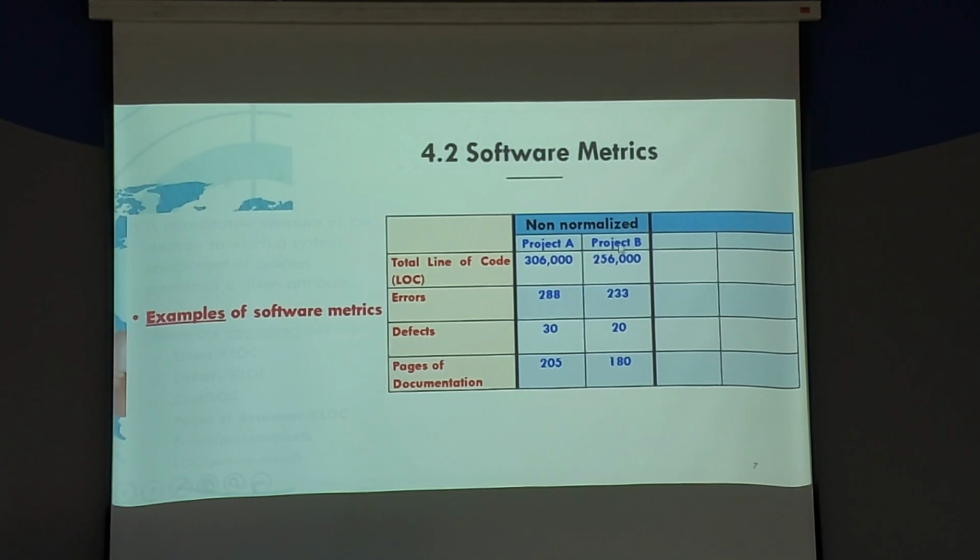Here there are 2 projects. Project A has 306K lines of code, 288 errors found, 30 defects, and 205 pages of documentation.